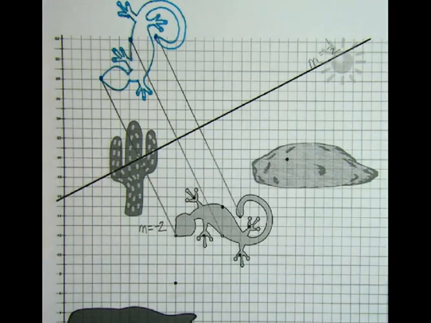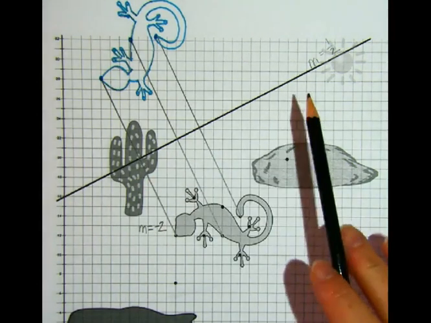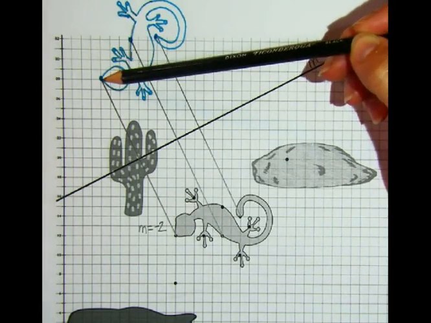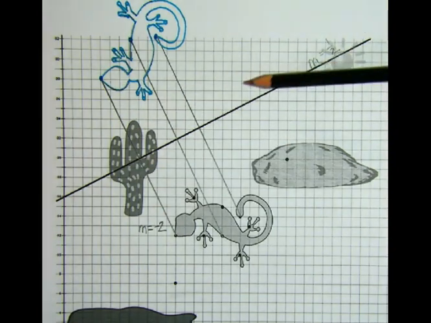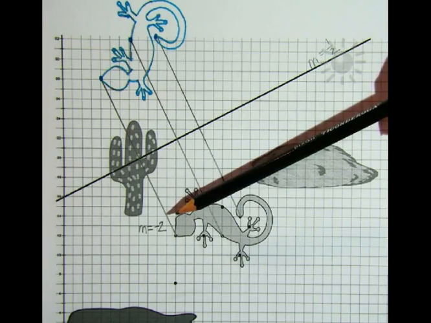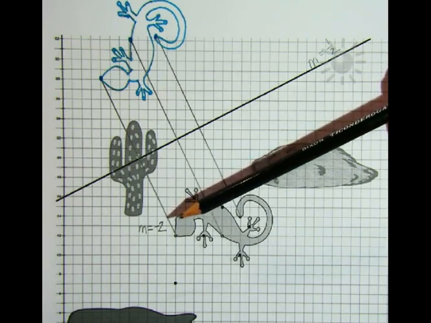This is further evidence that the line of reflection and the segment connecting the pre-image point to its corresponding image point are perpendicular. We know this because perpendicular lines have slopes that are opposite reciprocals of each other.